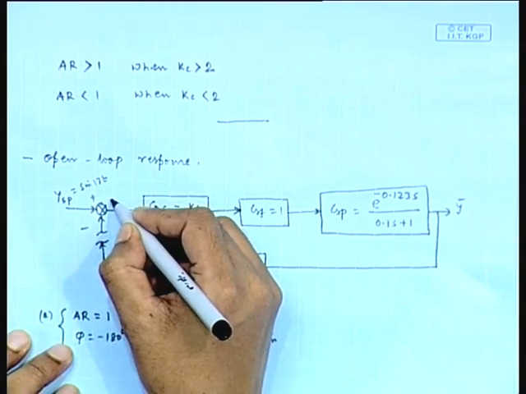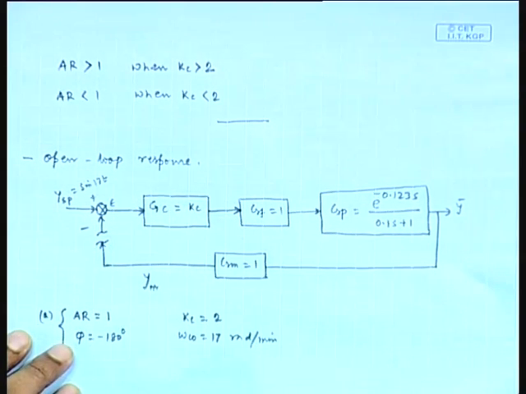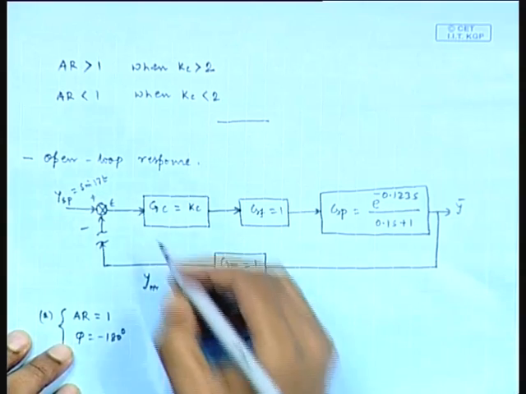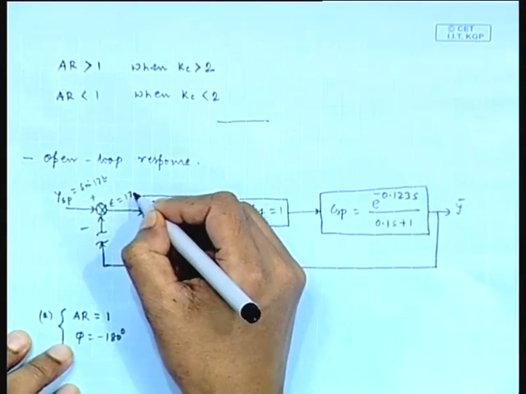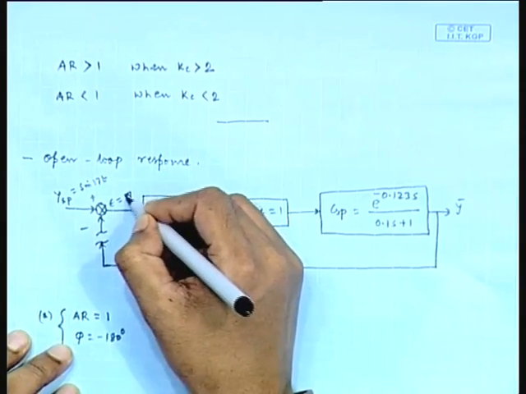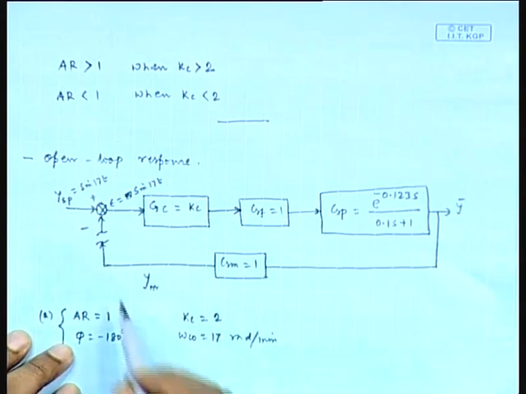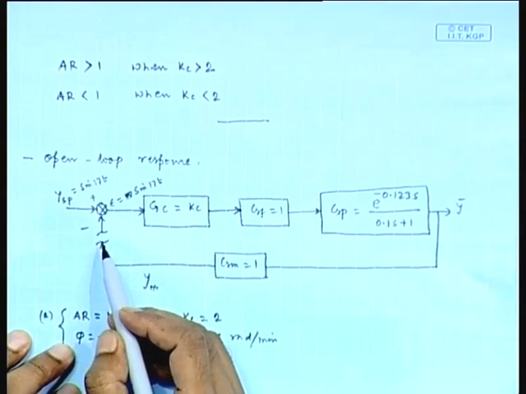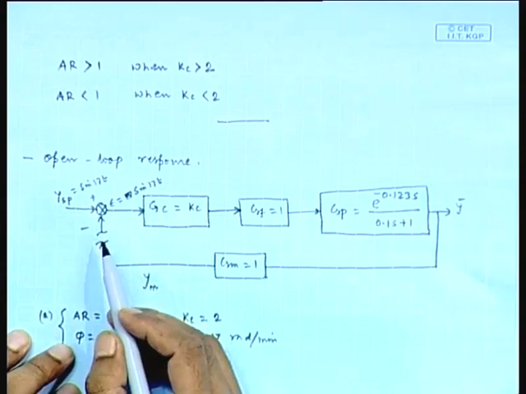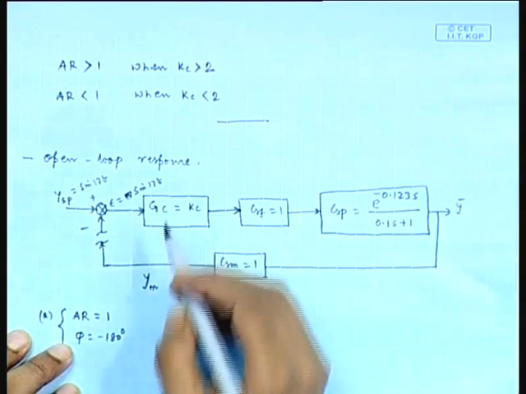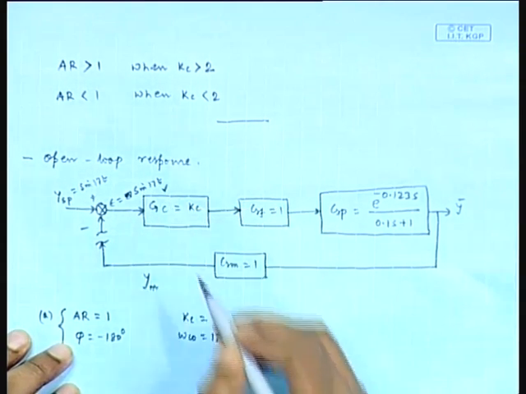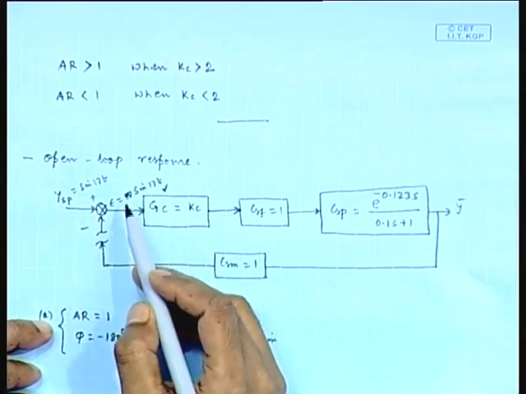Then how much is the error signal? Error is also sin 17 t, because we have disconnected this measurement signal from the comparator. So, error signal is also sin 17 t, which is equal to y set point, and they are written in time domain.